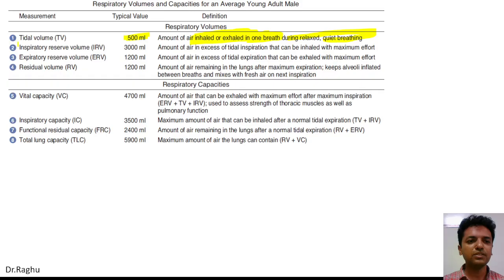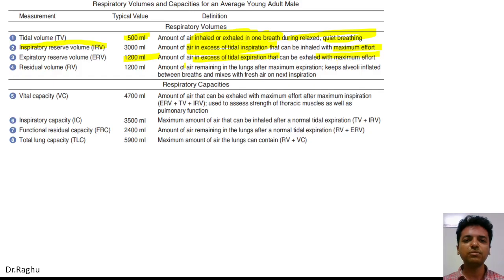What is inspiratory reserve volume, also called IRV? This is the amount of air in excess of tidal inspiration, above the tidal inspiration, that can be inhaled with maximum effort. What is expiratory reserve volume? Amount of air in excess of tidal expiration, amounting to 1200 ml, that can be exhaled with maximum effort.